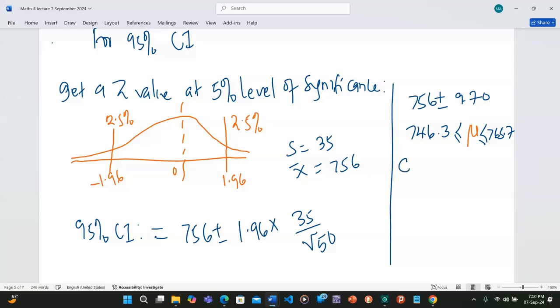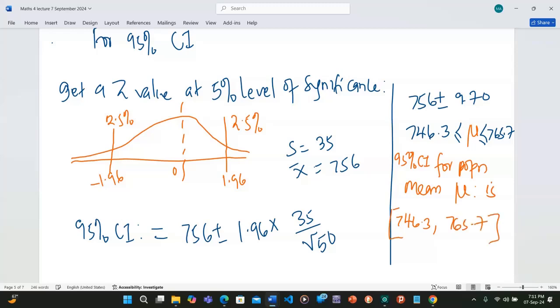So the 95% confidence interval for the population mean mu is 746.3 comma 765.7, and I give it like that, meaning 746.3 is inclusive and 765.7 is inclusive.